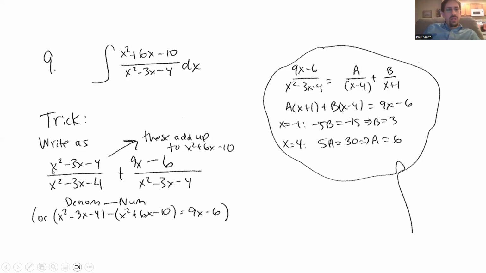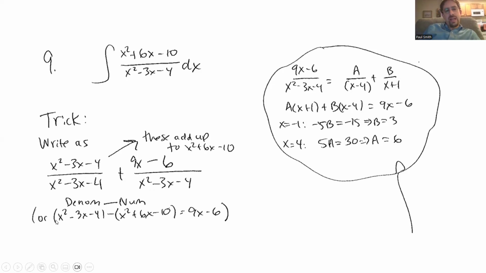So I need to add something to x squared minus 3x minus 4 to get x squared plus 6x minus 10. Notice if I add 9x, that gets me from -3x to 6x. And if I add -6, that gives me -4 plus -6 equals -10. So my second fraction will be 9x minus 6 over x squared minus 3x minus 4.